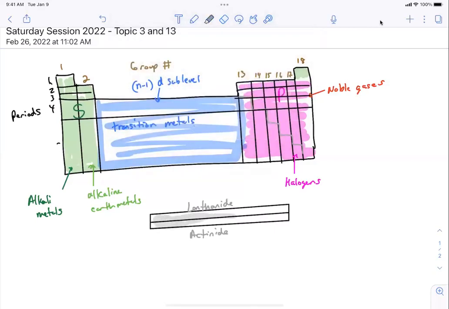Down here is the F sublevel. Okay, 14 electrons wide, meaning 7 sublevels.